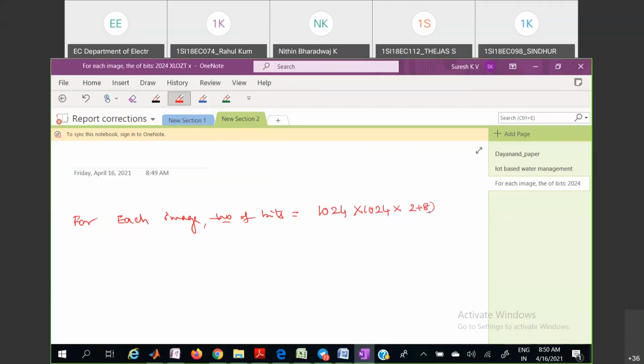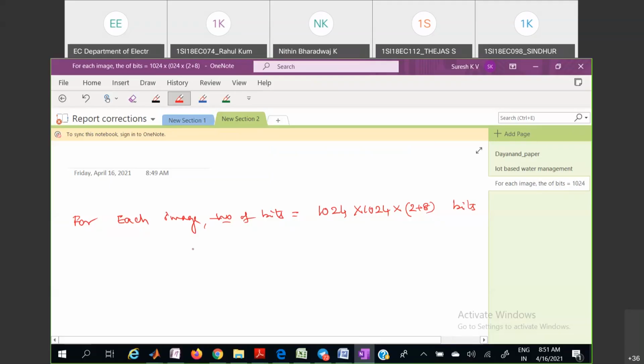I'll write it like this just for you to understand. 8 bits for each pixel, but I need to add one start and one stop bit. So 1024 into 1024 into 8 plus 2 is 10. So many bits for each image.